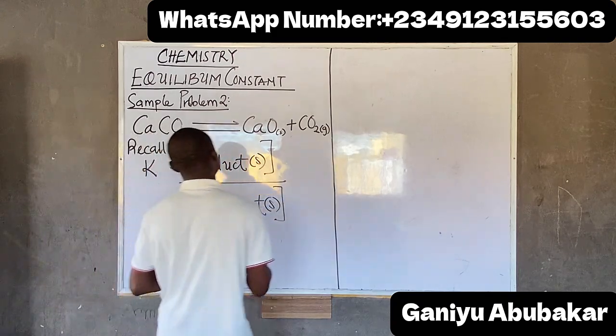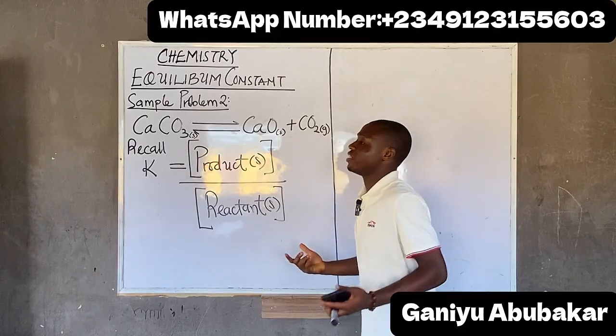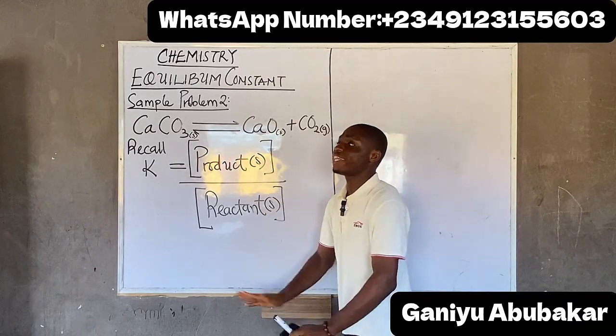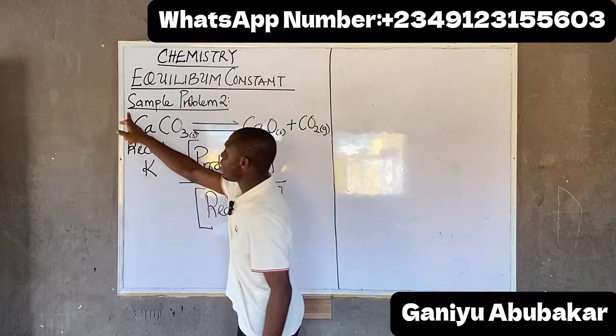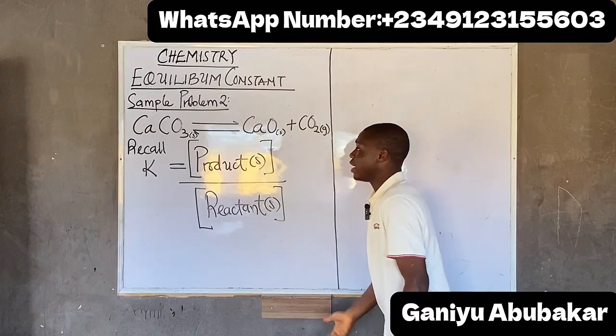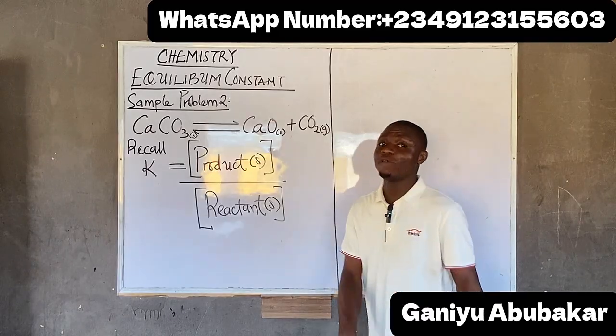If you have coefficients, you can attach them as exponents. In this first question there is no coefficient, no number in front here, so I don't have to attach any coefficient.